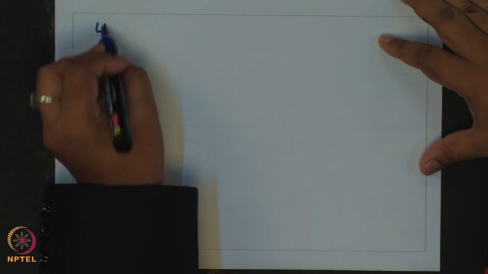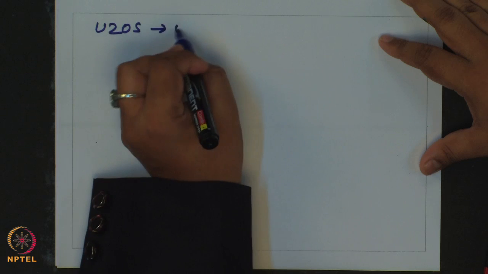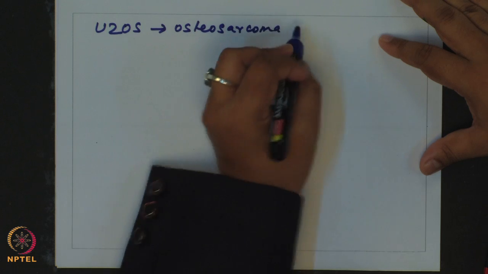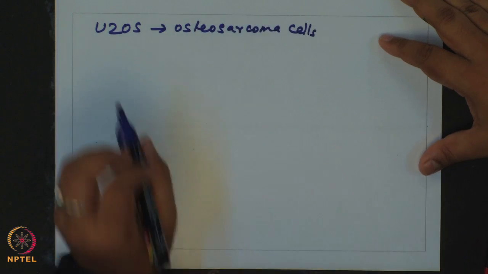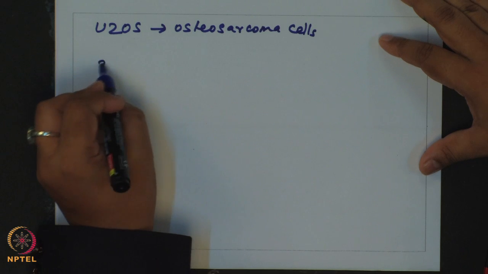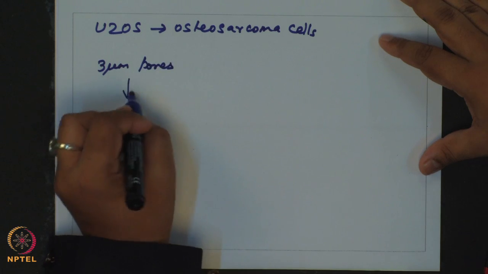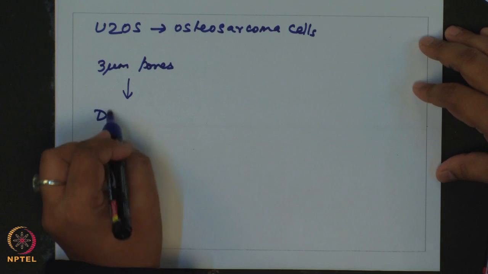So, they took U2OS, which are osteosarcoma cells. They passed them through 3 micron pores, and then they tracked the extent of DNA damage.